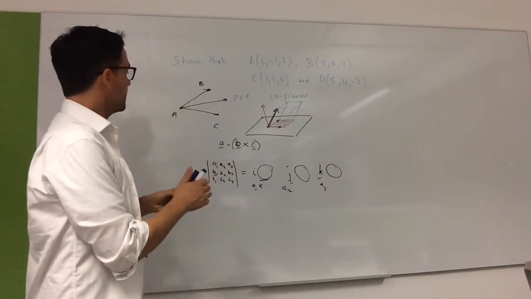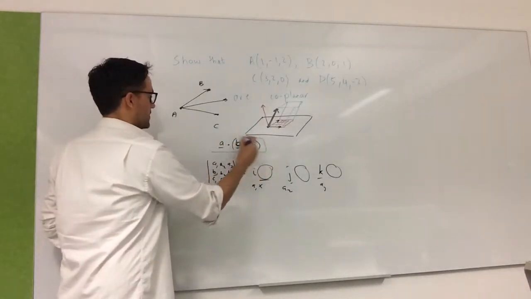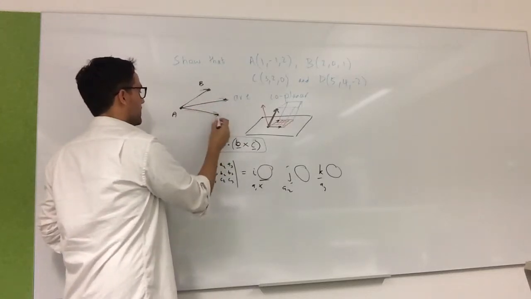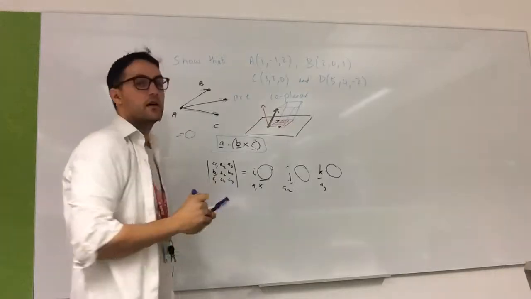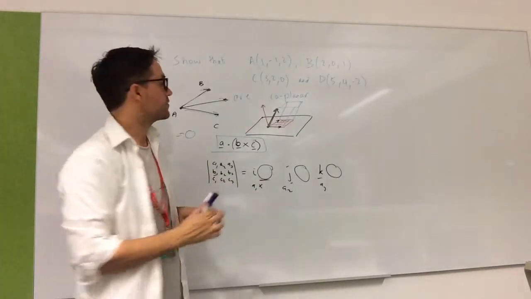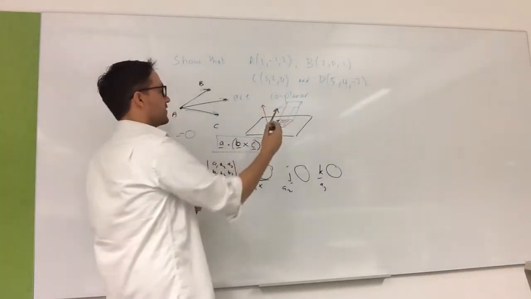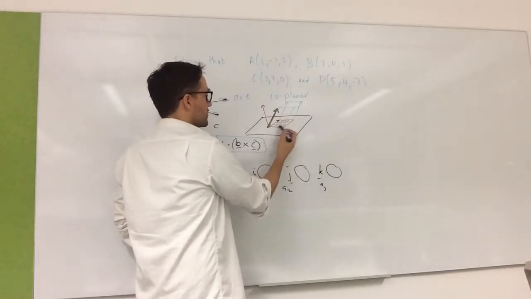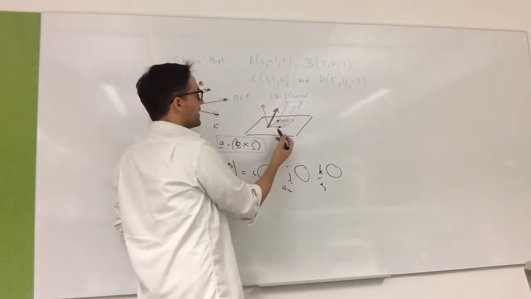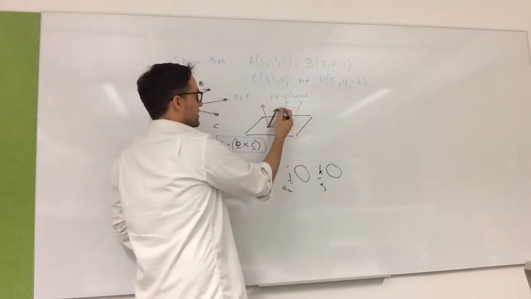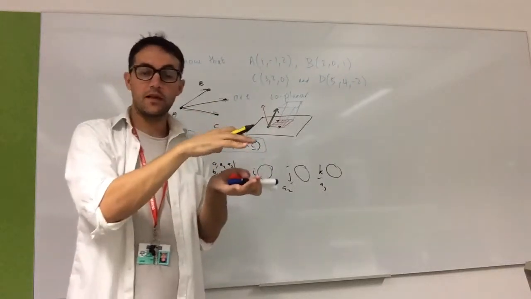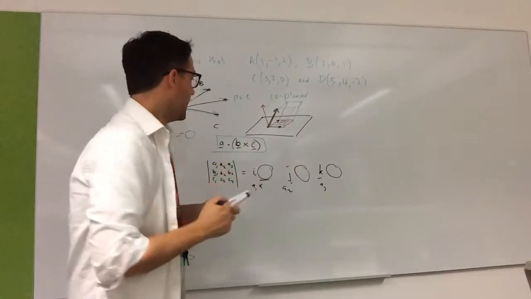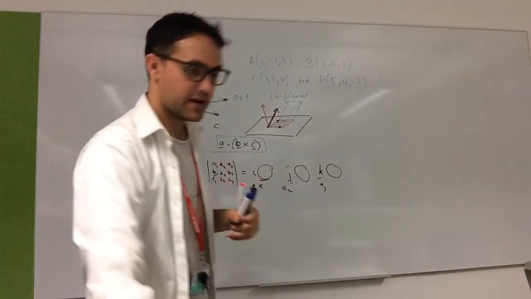So if the scalar triple product of these 3 vectors equals 0, then that means they must be coplanar. Because taking B and C gives you the area, the only way that it's going to be 0 is if this parallelepiped has no height. So if it's got no height, then it's going to be 0. And so that's all we have to do. It's very nice, very easy for us.